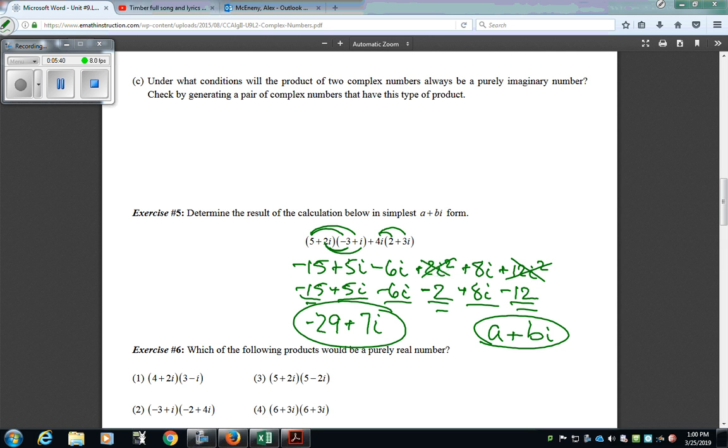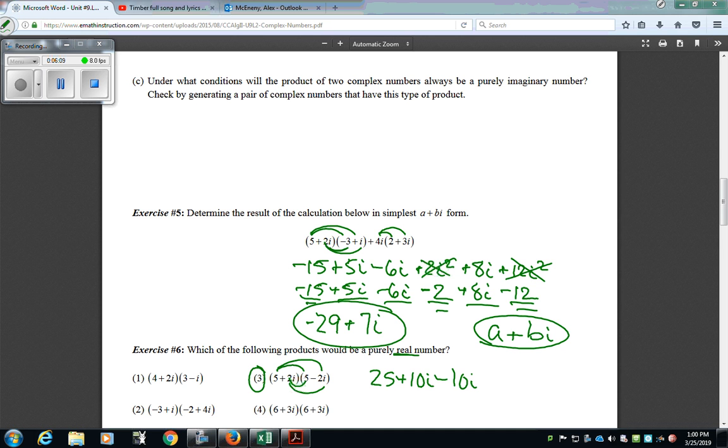Now, in the case of exercise 6, well, which one of these would be a purely real number? Well, that's going to be the one that's going to have a conjugate pair. So if you look at choice 3, this one is going to be a real number, because what happens is those imaginary values eliminate each other. So if you are to multiply this out, you end up with 25 plus 10i minus 10i.